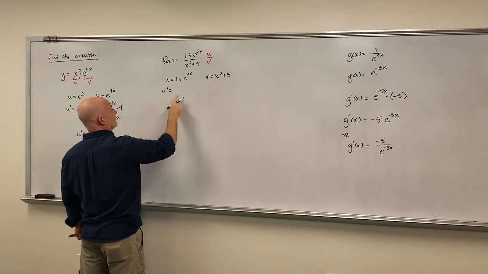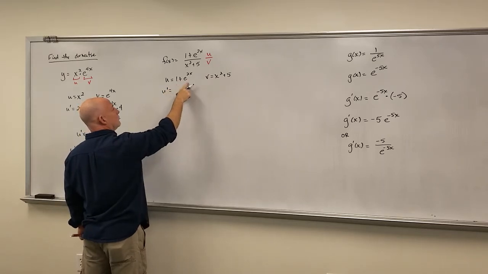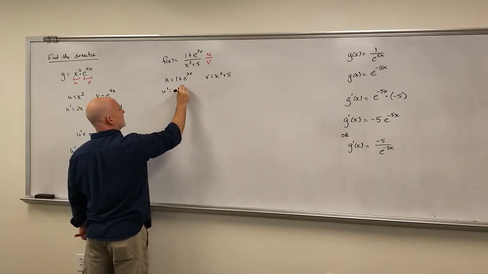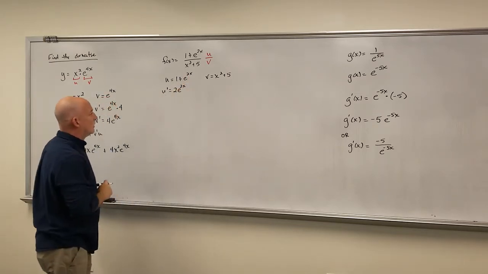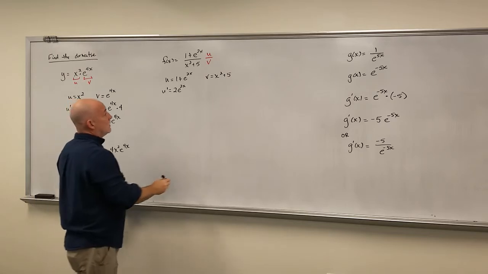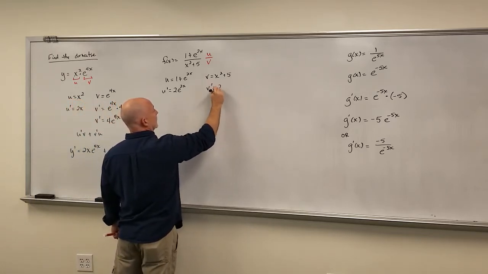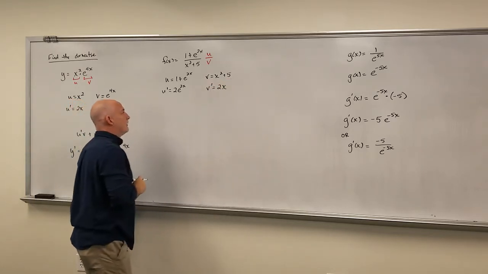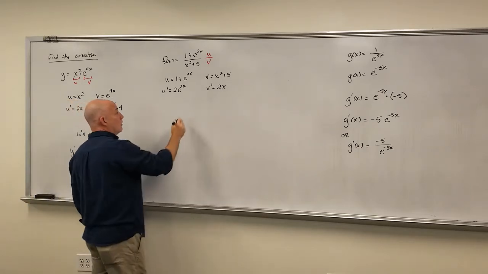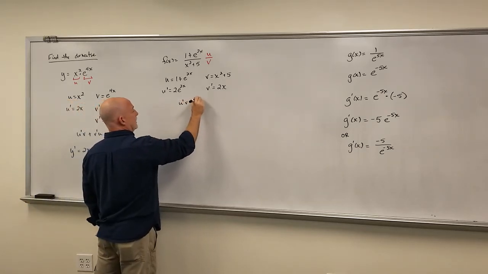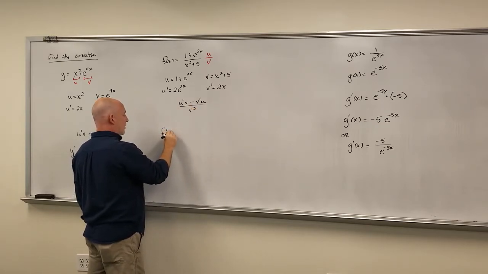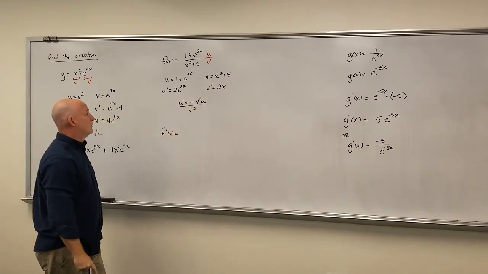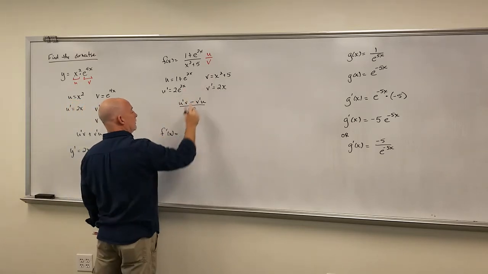So the derivative, let's see, the derivative of 1 is 0. The derivative of e to the 2x is e to the 2x times the derivative of 2x, which is 2. So I'm just going to go ahead and write that out front. v prime, well, that's just 2x because the derivative of 5 is 0. Now remember, our quotient rule is u prime v minus v prime u all over v squared. So our derivative, or f prime of x, let's see, what do we say? u prime times v.